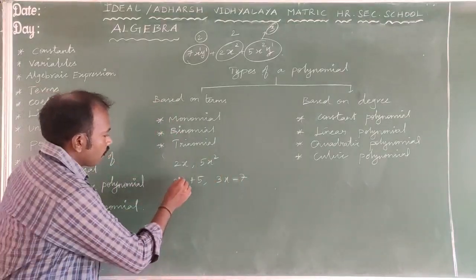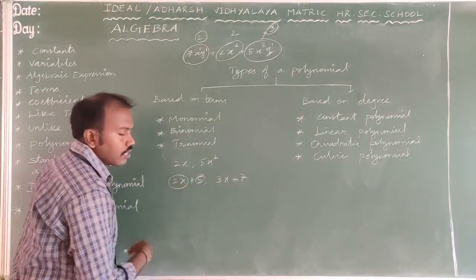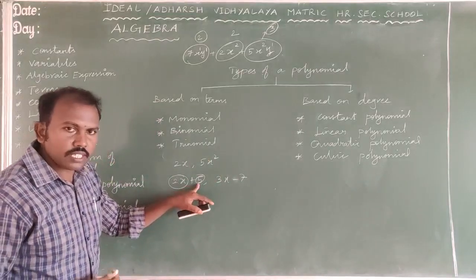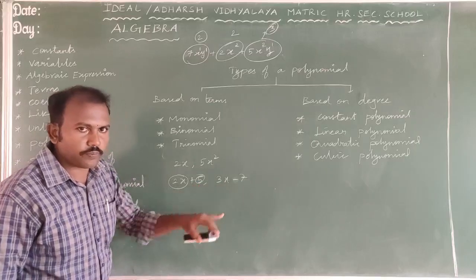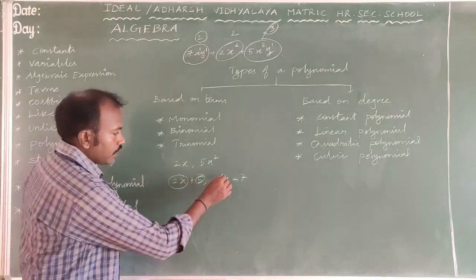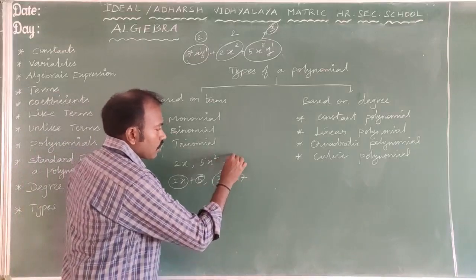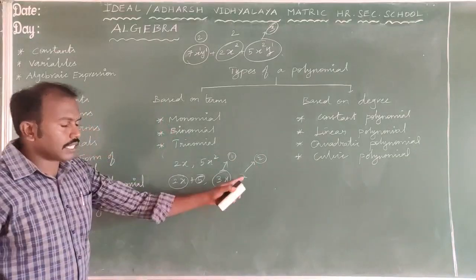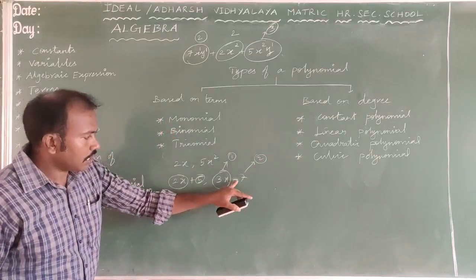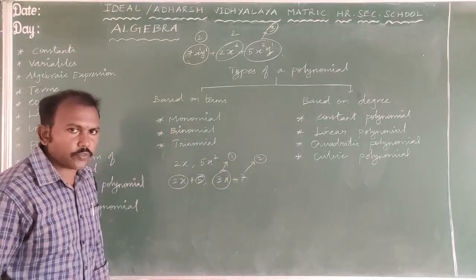Here 2x is one term, 5 is one term. Here 5 is the constant value, a fixed value. Here 7 also, minus 7 also. Then 3x is the first term, and 7 is the second term. No problem.